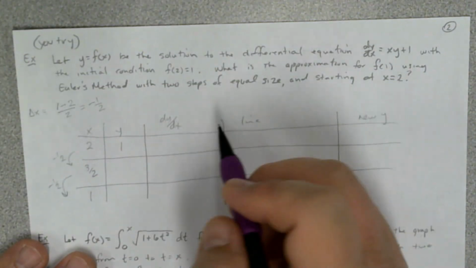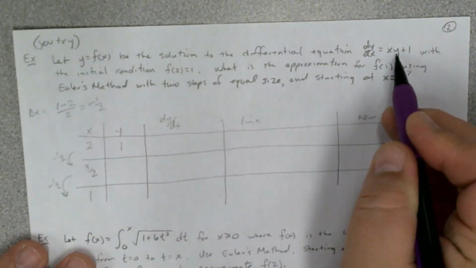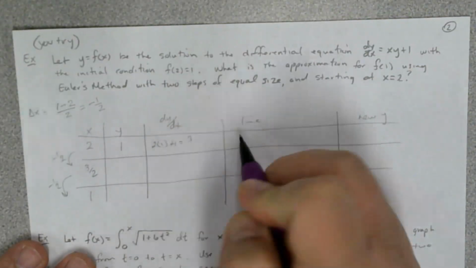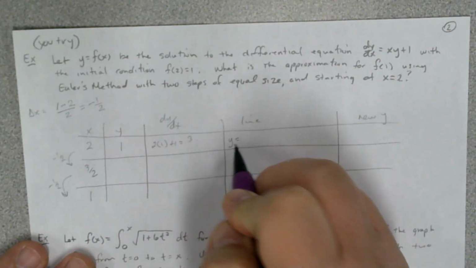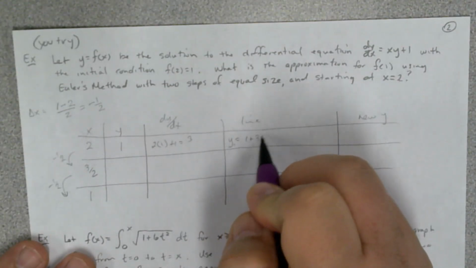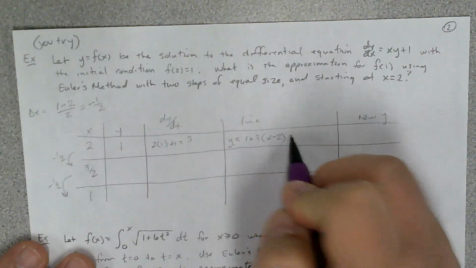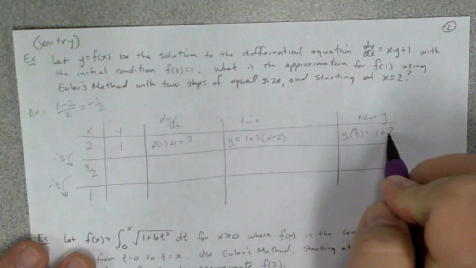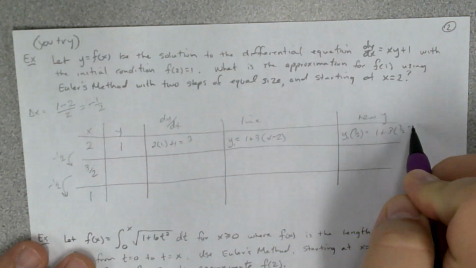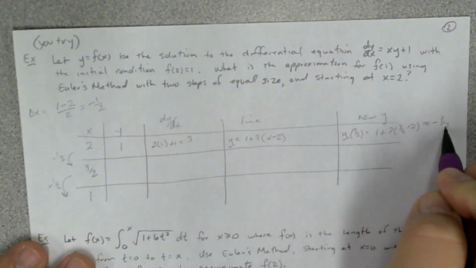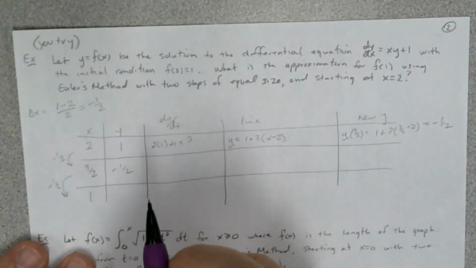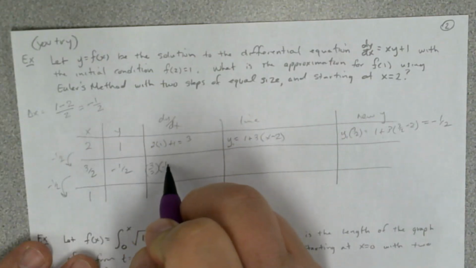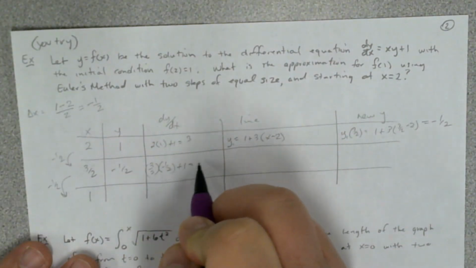Okay, so here's my x times y plus 1, so 2 times 1 plus 1, so y equals 1 plus 3 times x minus 2, and then y of 3/2, 1 plus 3 times 3/2 minus 2 gives me negative 1/2.